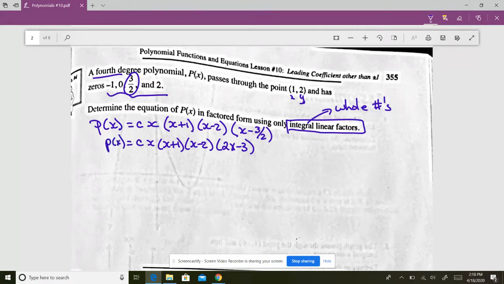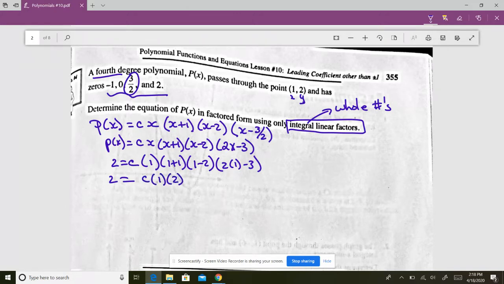Set x to that. Plug in your x and your y. So 2 is equal to c times 1 times (1 plus 1) times (1 minus 2) times (2 times 1 minus 3). 1 minus 2 is negative 1. 2 times 1 is 2, minus 3, negative 1. Negative 1 times negative 1 is positive 1, times 2 times 1.